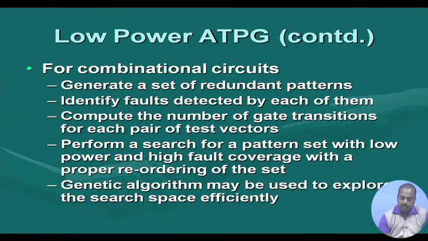Since this is a combinational circuit, to detect a fault it is sufficient just to apply the corresponding pattern. It is not dependent on what the previous pattern was, particularly if we are targeting stuck-at faults. For delay faults it is slightly different, because a delay fault is a 2 pattern test, so there I have to consider groups of 2 patterns.